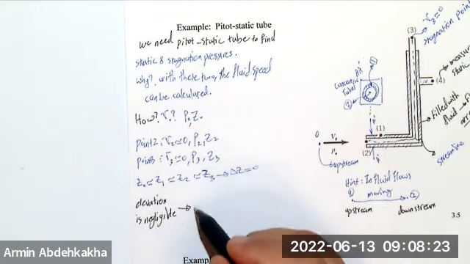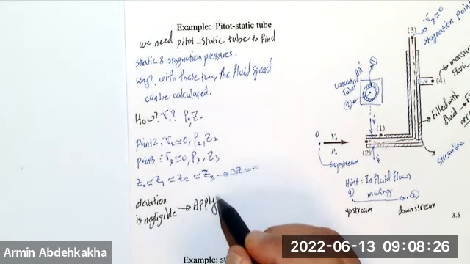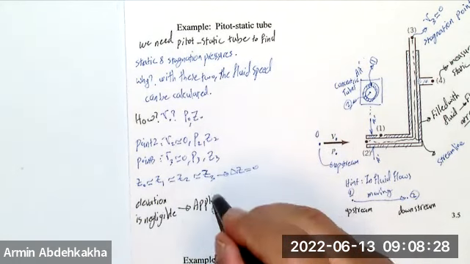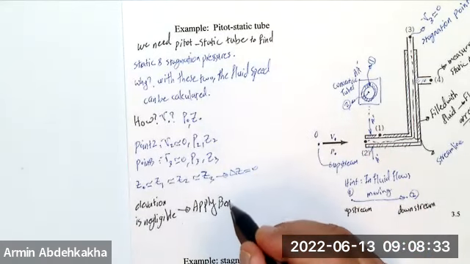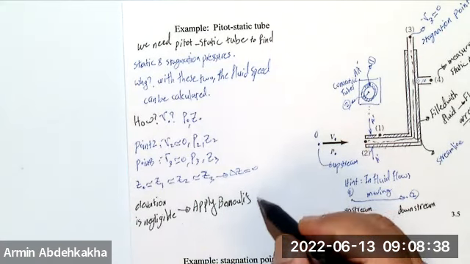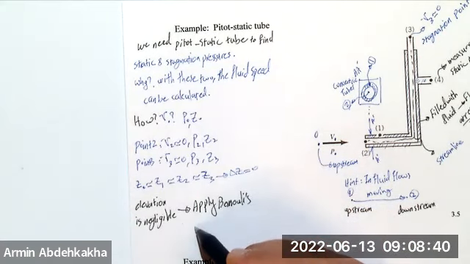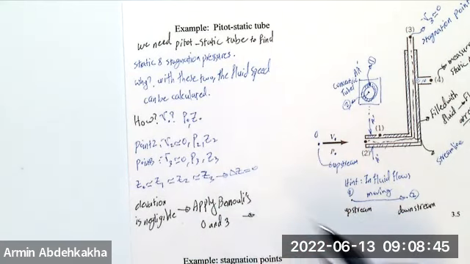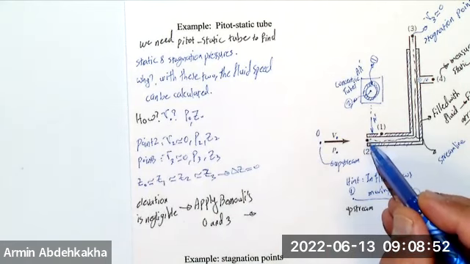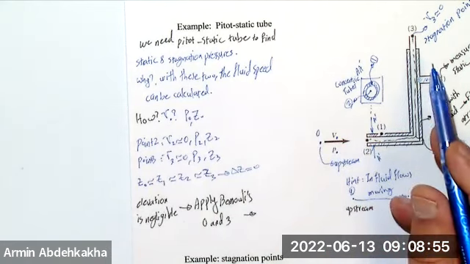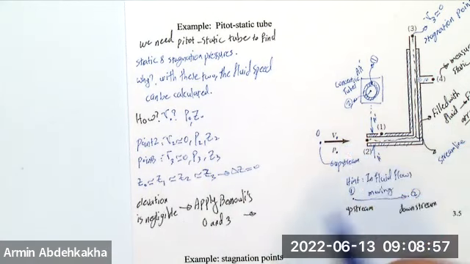And if you apply Bernoulli between point 0 and 3, at point 0 along the streamline, right? Points 2, 0, and 3 are all on the same streamline.